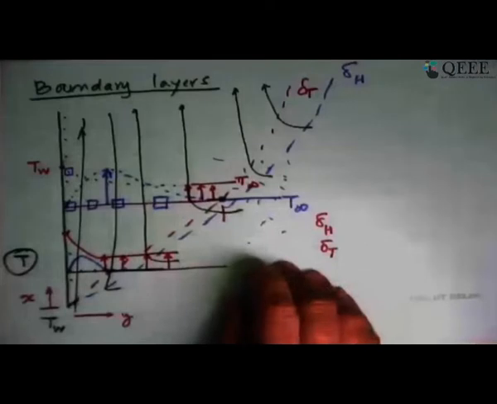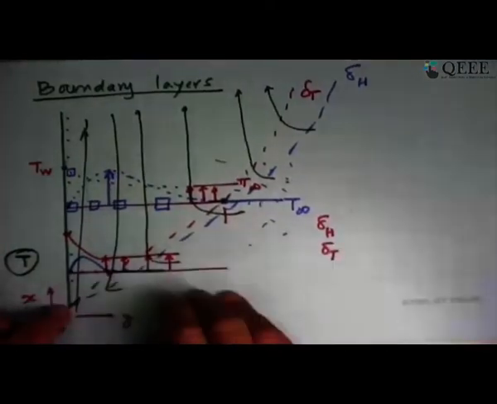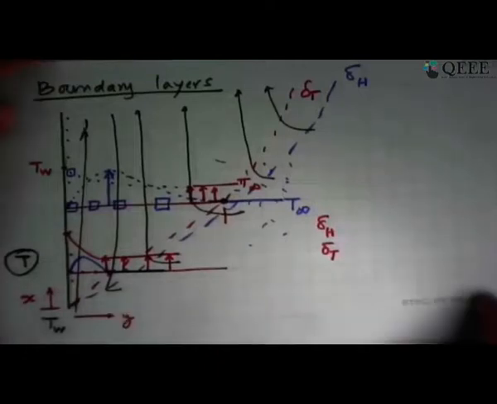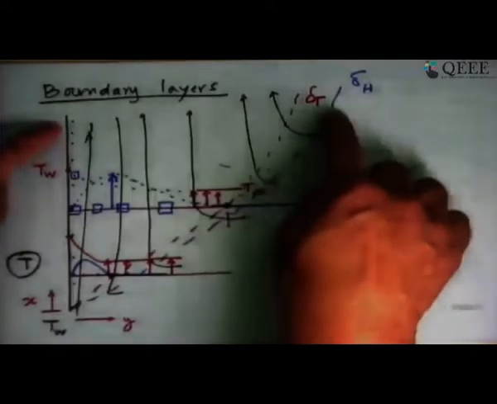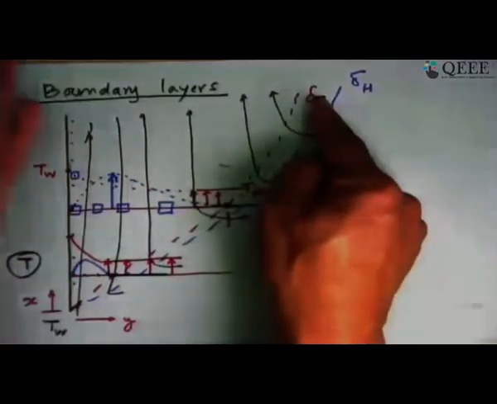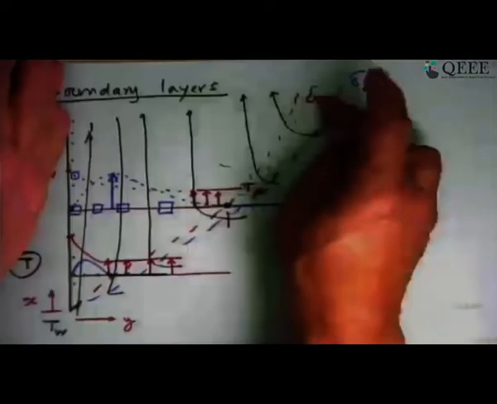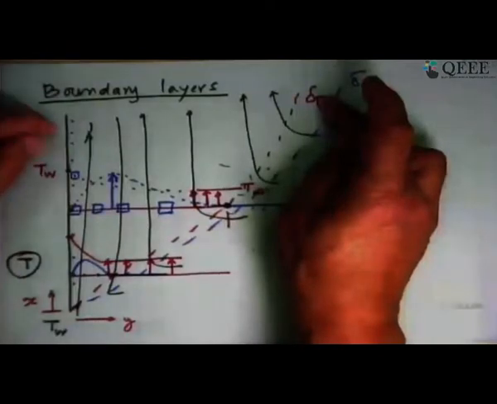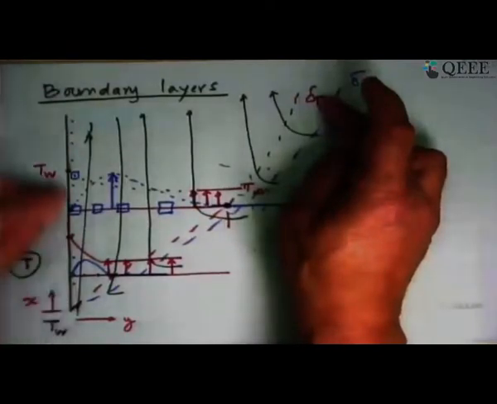What these arguments have told us is that the boundary layer begins to grow from this point. In this case, that will be the equivalent of the leading edge of the plate. It keeps getting thicker as we go up. That means the distance between the cold fluid and the hot plate has become much more, and in some sense that means that the temperature gradients have become less, so the local heat flux will keep decreasing as you go.